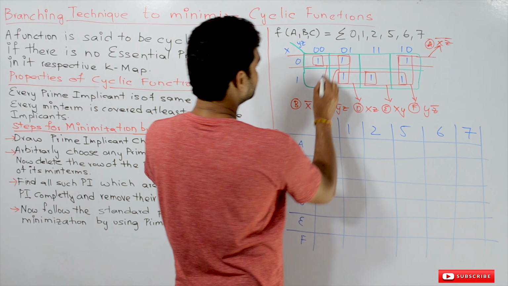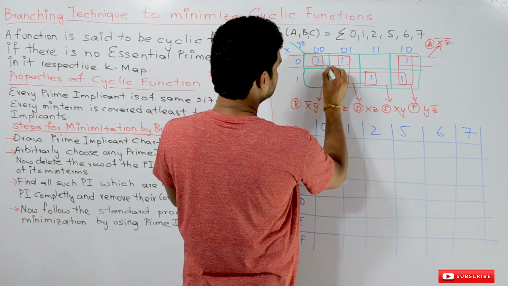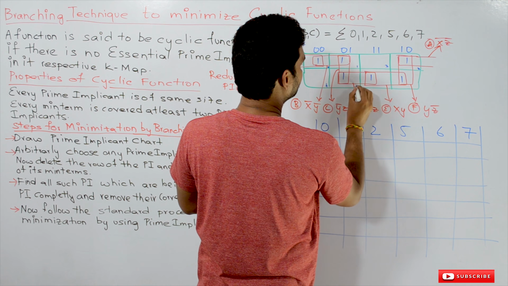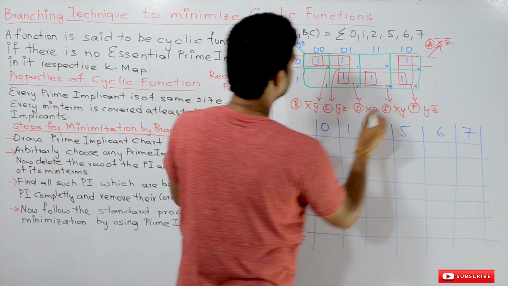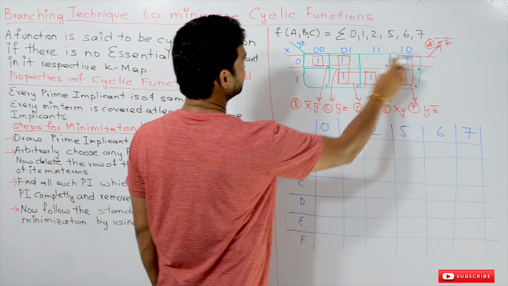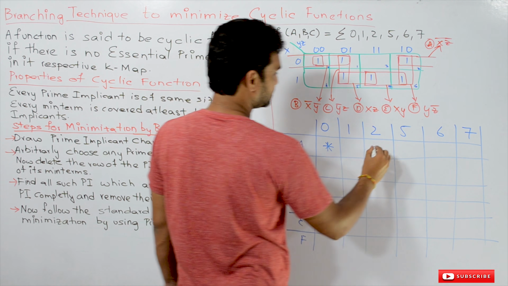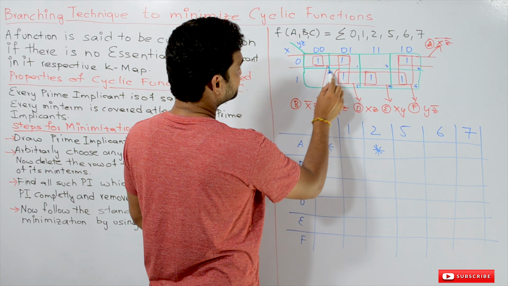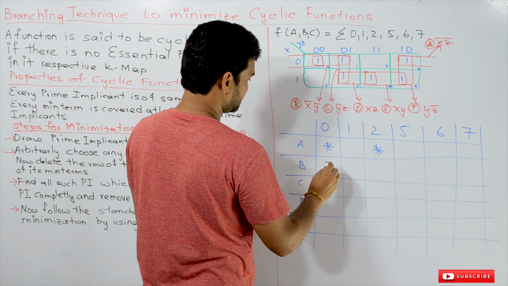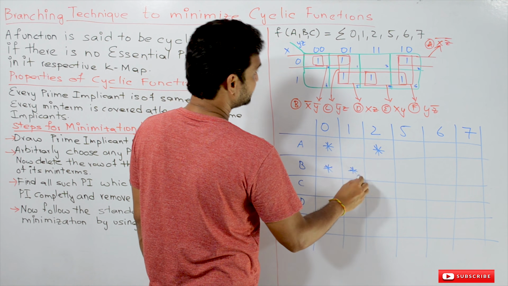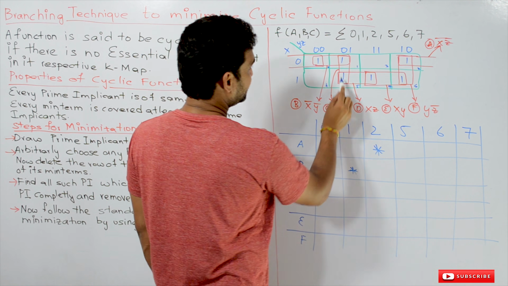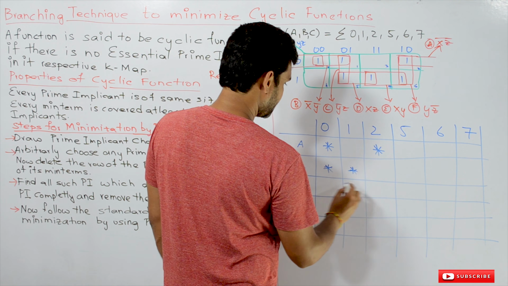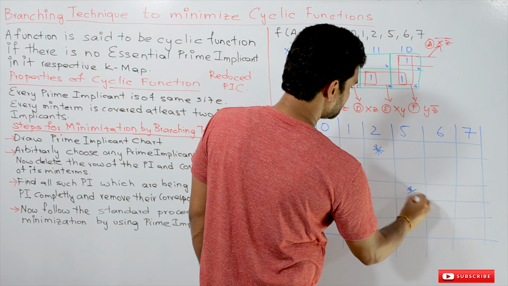So we will name the columns 0, 1, 2, 3, 4, 5, 6 and 7. What is A covering? A is covering 0, 2. Next, B is covering 0, 1. So B is covering these two. And C is covering 1, 5.